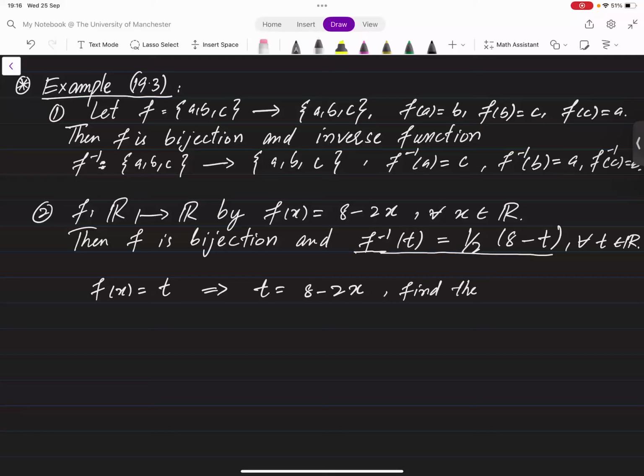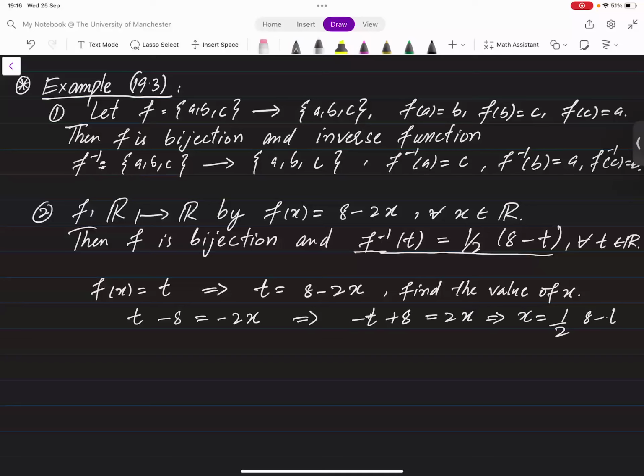That is going to be t minus 8 is minus 2x, and if you multiply both sides by minus, you will get 2x is minus t plus 8, and then x is going to be 1/2 (8 minus t).